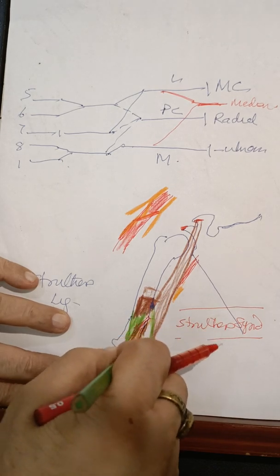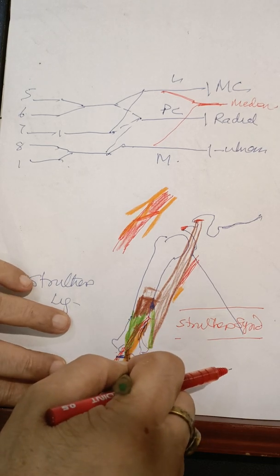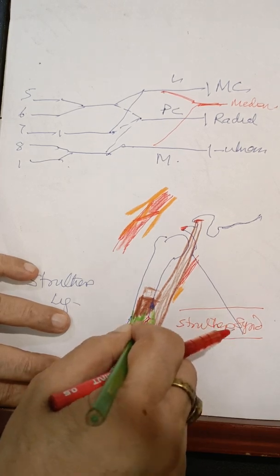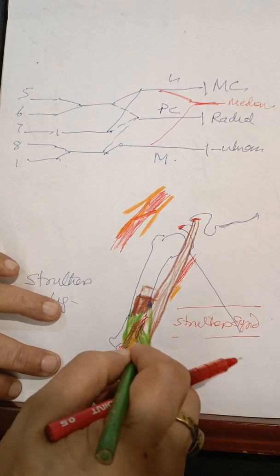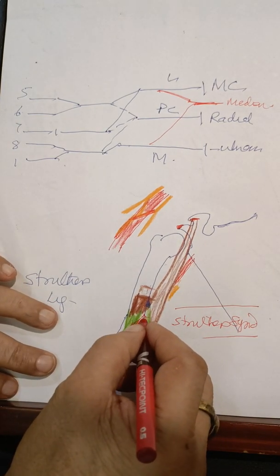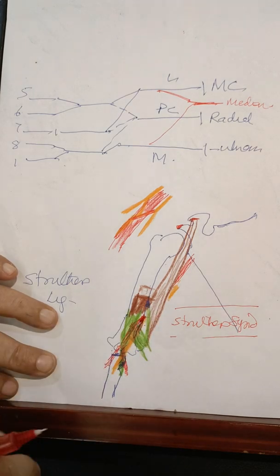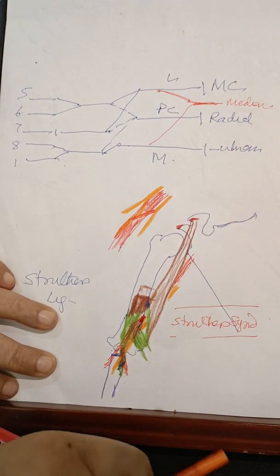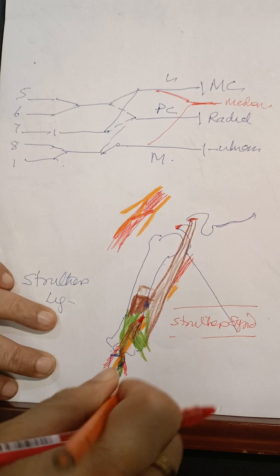So this biceps basically has a tendinous insertion in the radial tuberosity, but it also gives an aponeurosis, and this aponeurosis covers the artery. So this artery is here and the nerve is here, and this is actually covered by this bicipital aponeurosis.